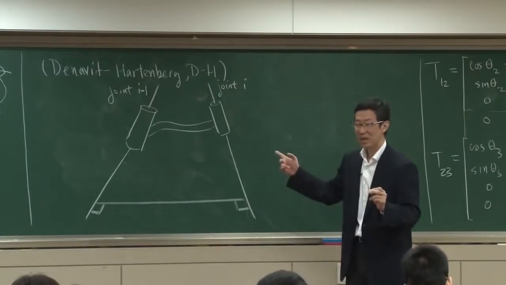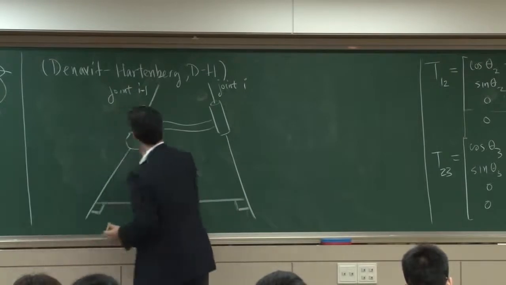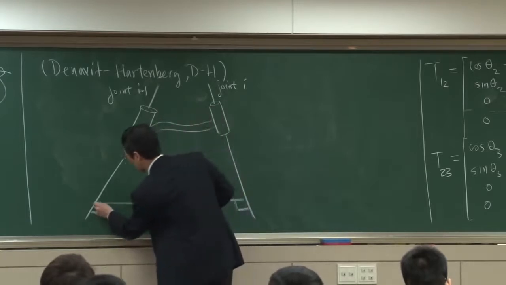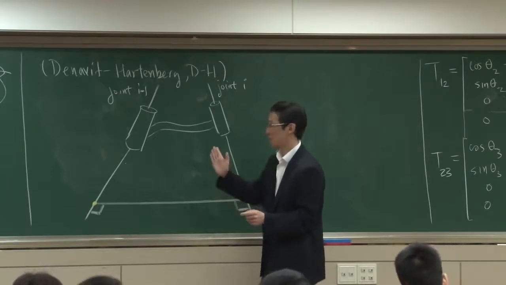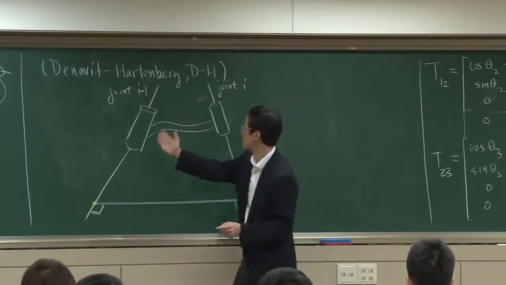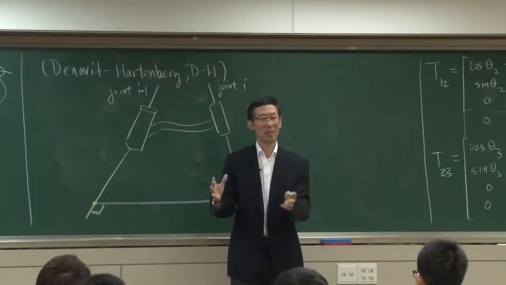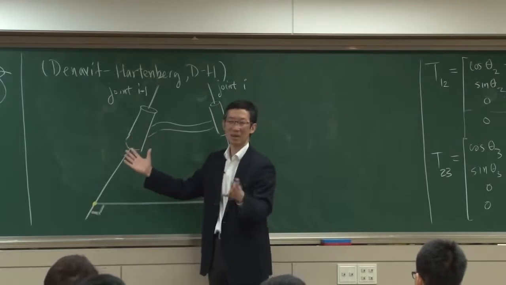Once we find that line, here's how we attach the frame. The origin of link frame I minus 1 is going to be here, and we're going to define the z-axis to be in the joint axis direction. The joint axis here could be this way, could be this way. Some people think it's important to always specify one direction, other people say it doesn't matter.